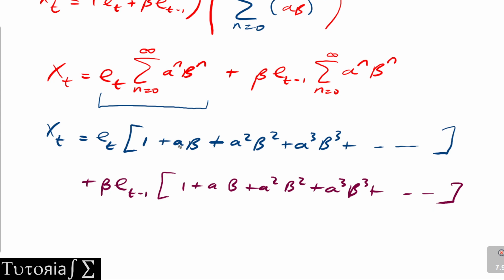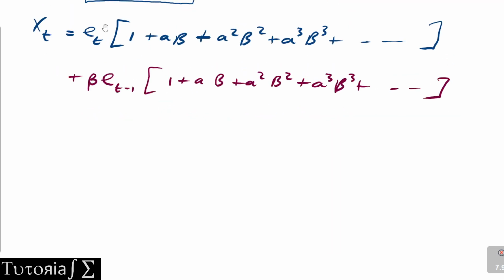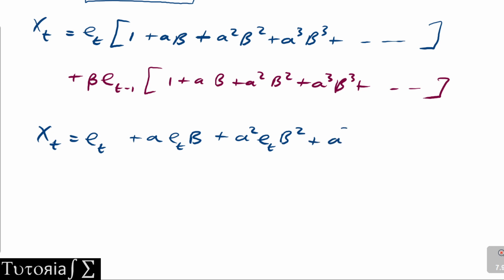Remember, b is the backshift operator, and I am assuming that you know how to use the backshift operator. So xt will be equal to, we can distribute, this times that will be et. This times that will be plus a et times the backshift operator, plus a to the power 2 et 2 backshifts, plus a to the power 3 et 3 backshifts, plus so on and so forth.